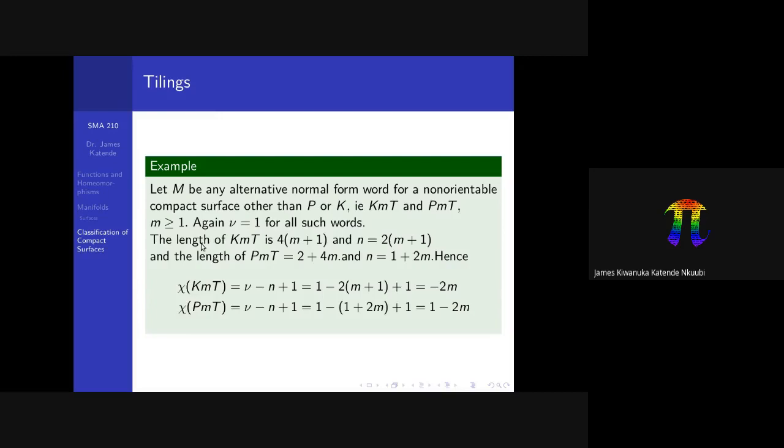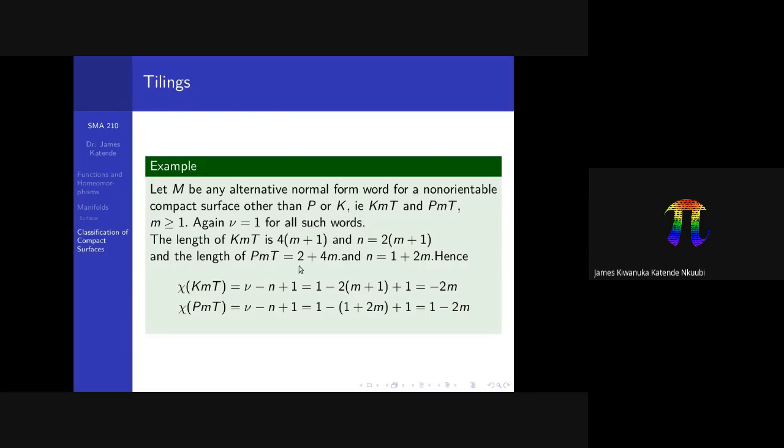So now let's check the length of this word, KMT. Now remember, T has 4 letters, K has another 4. So you'll have 4M plus another 4 letters, which can now be written as 4M plus 4. The number of edges on the tiling induced by this word will be half of this, which is 2M plus 2. For PMT, we know P is a word of length 2, and T is a word of length 4.